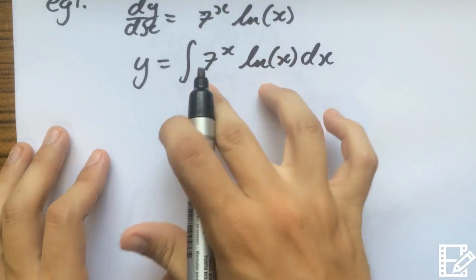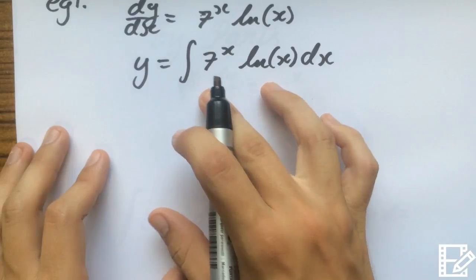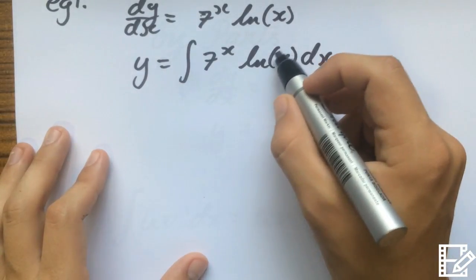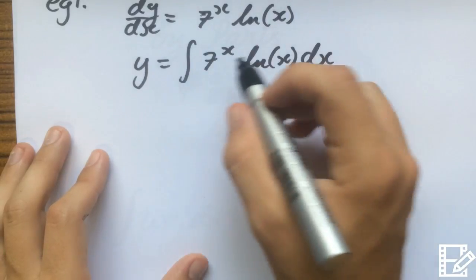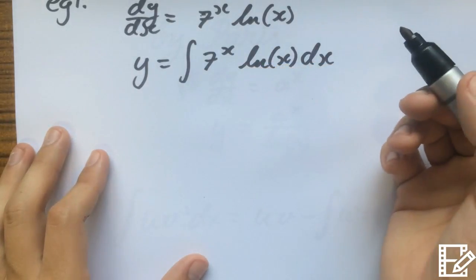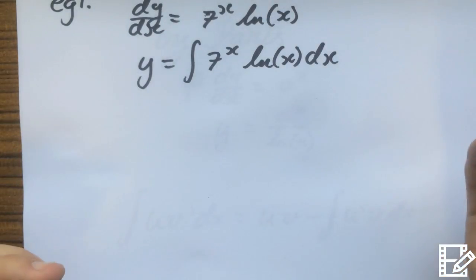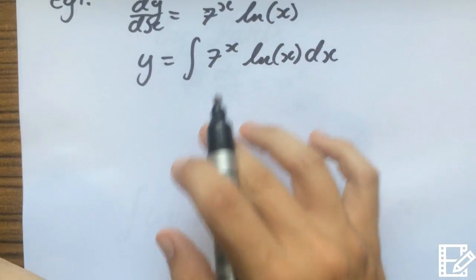Now, we have a function times a function. If we find the derivative of what's inside the brackets, will it help us eliminate the first function? The answer is no, therefore we use by parts. Which is pretty obvious, you're here to watch by parts, but that's the process.